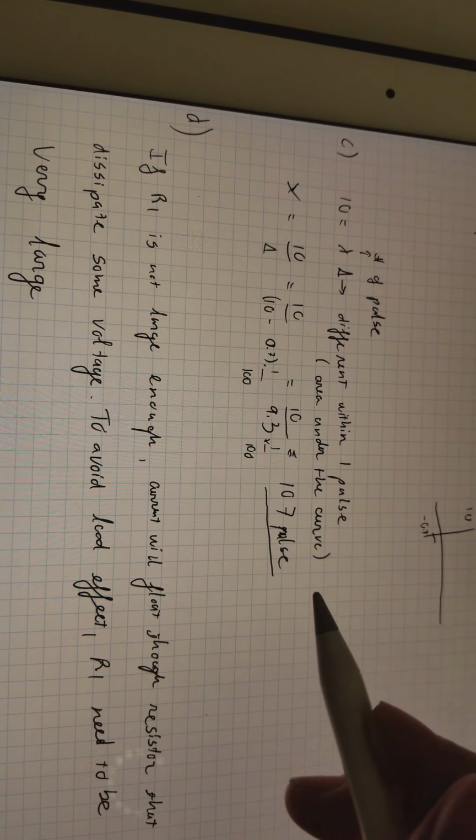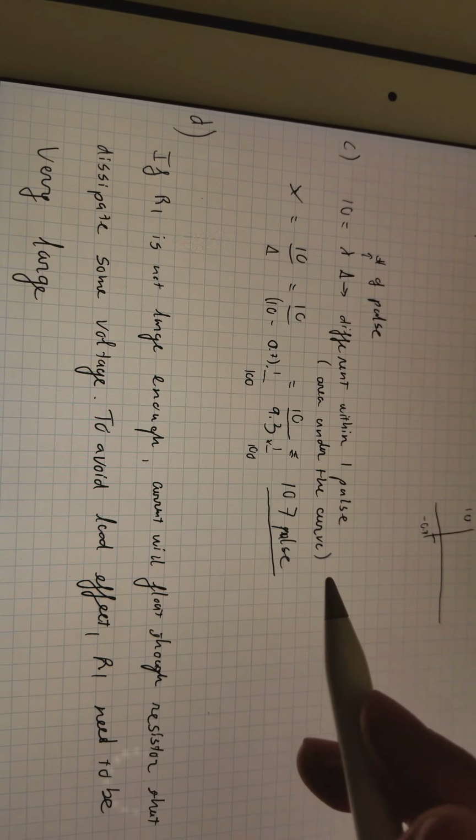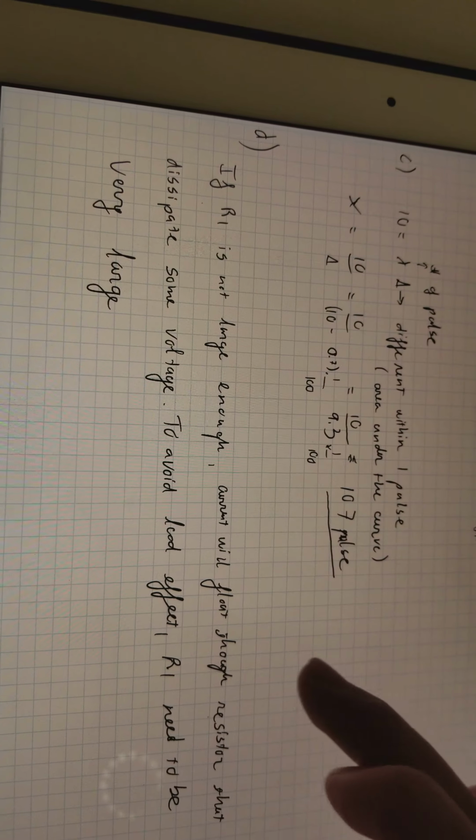So it takes 107 pulses for the circuit to reach 10 volts.